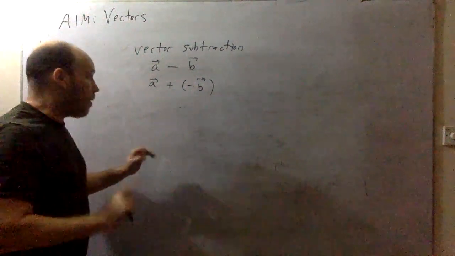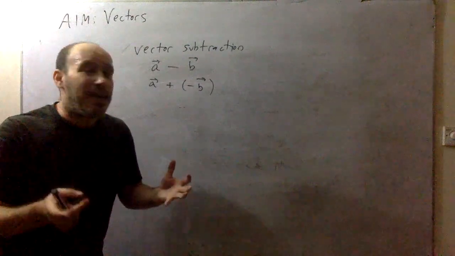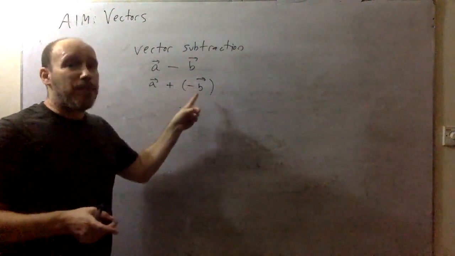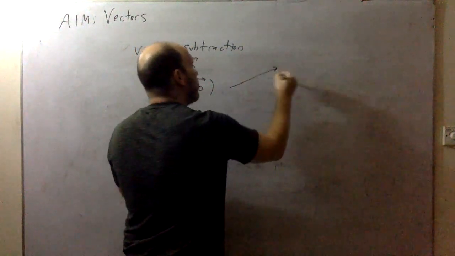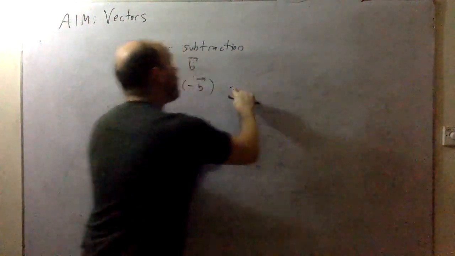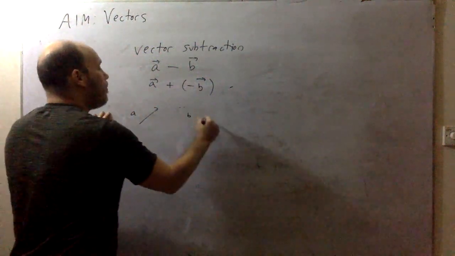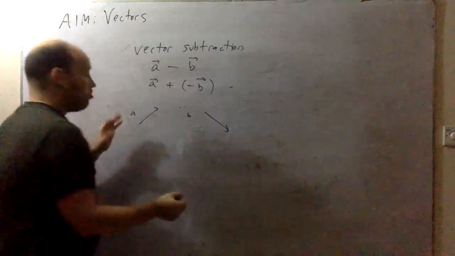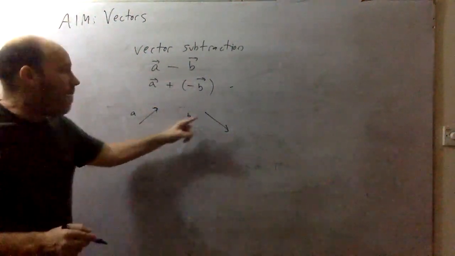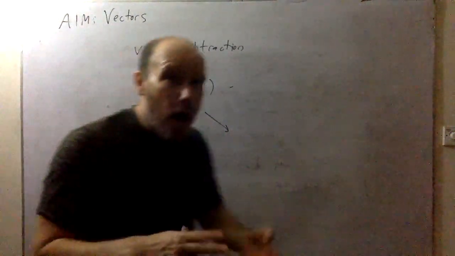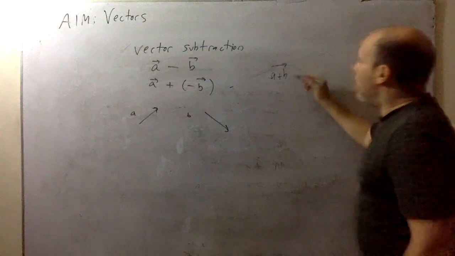This is kind of cool. So once again, vector A and vector B are defined, but now we're told to go in the opposite direction of B. So let's make a diagram. Let's say this is A and this is B. This is the journey A and this is the journey B. So you say, okay, how do I write vector AB?